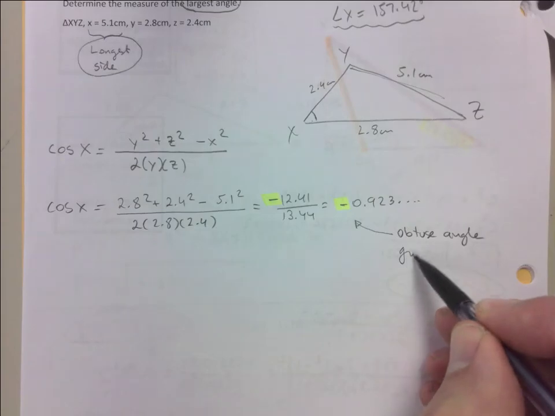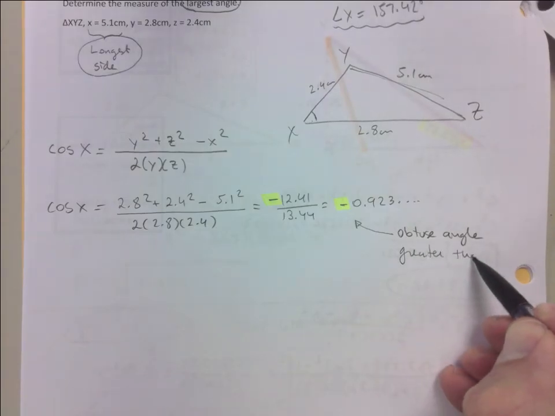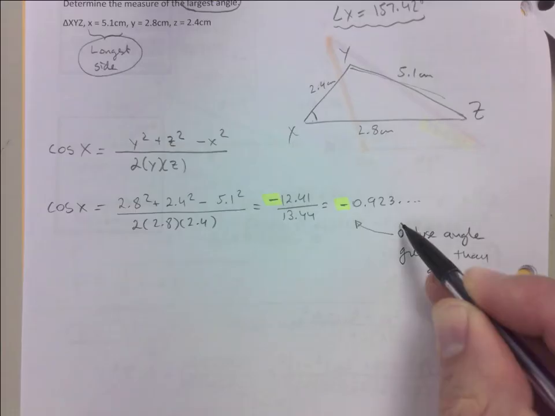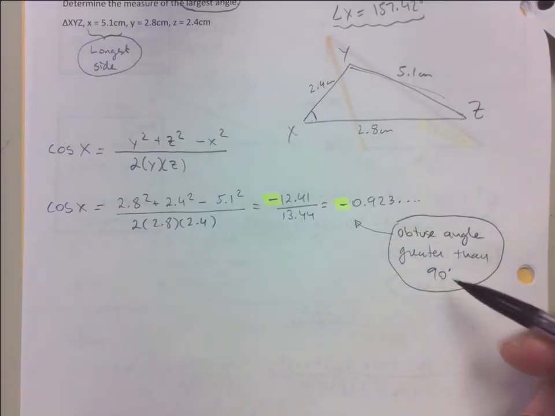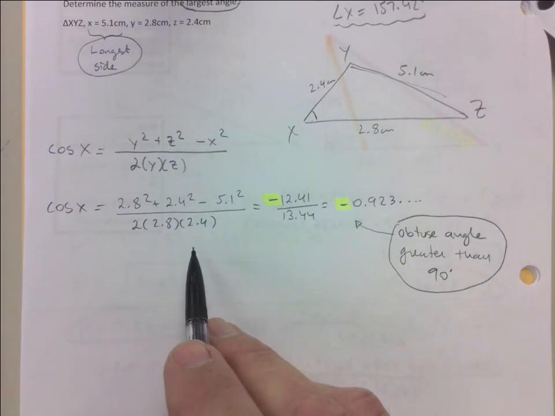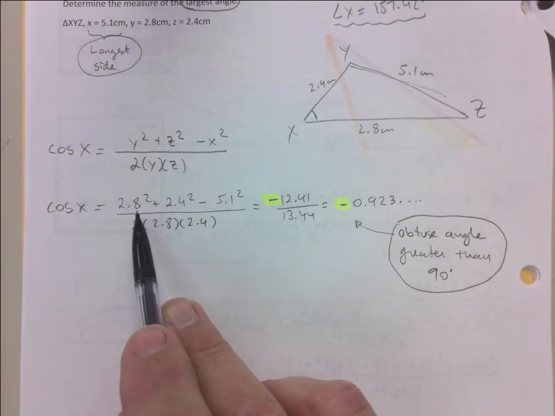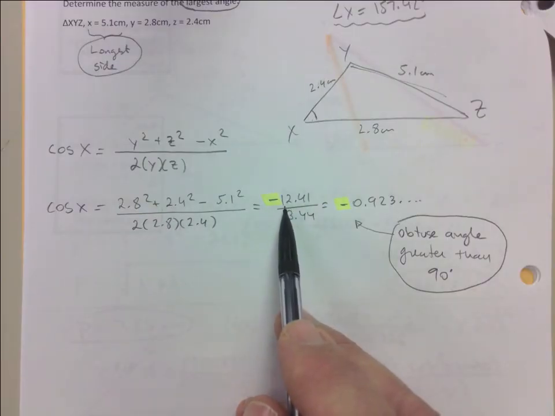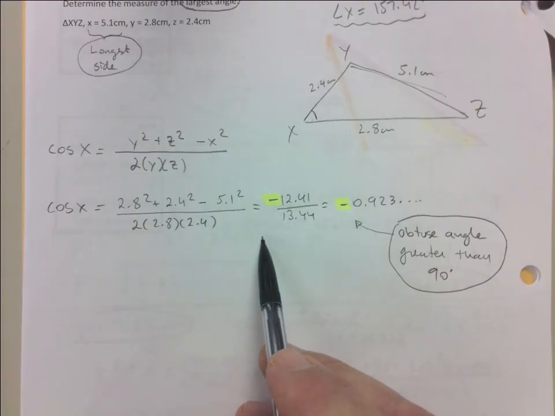Greater than 90 degrees. If you have a negative, you know that your answer is expected to be greater than 90. I don't know if you're going to come across this, but there could be a chance that the top adds up to 0, a perfect 0. What angle do you think that would be?